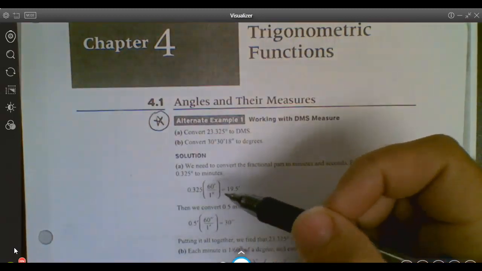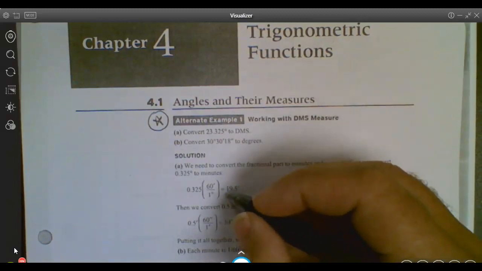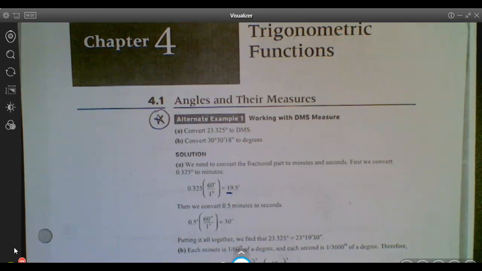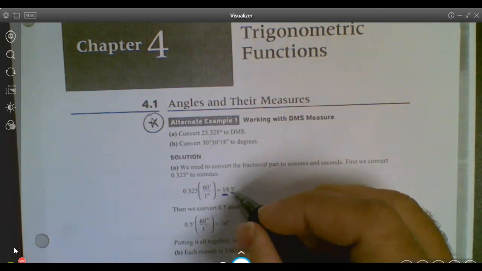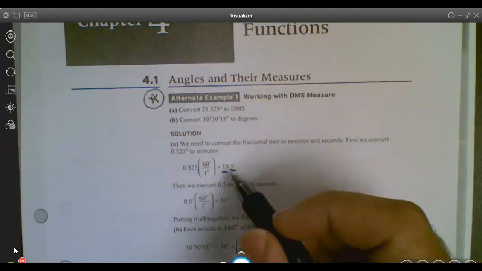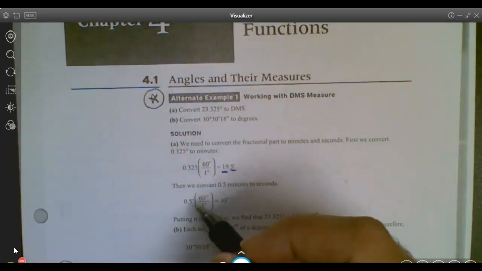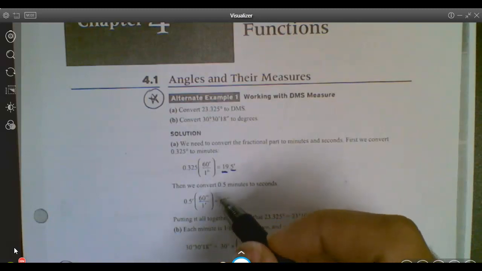If you multiply it by 60, it gives you this. So now what you're seeing is the 19. So the number that's now on the left of the decimal is your minutes. And I need to take the remaining portion, which is the 0.5, and convert that into seconds. So we take what's left of the decimal, multiply that by another 60, and now you get your seconds.